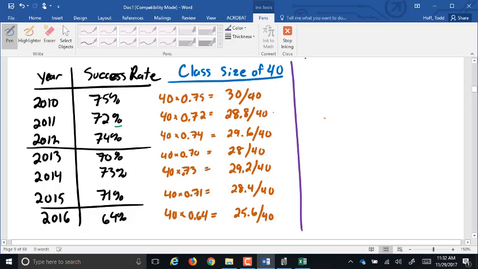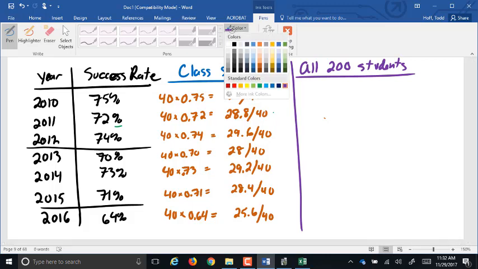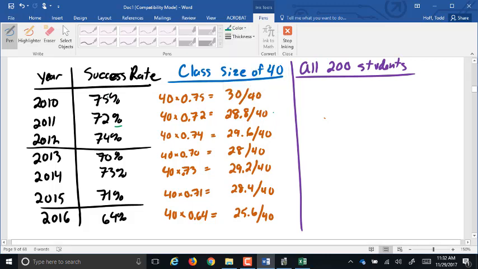The other side of that is, what if we are told that this data is taken from the whole college, which has 200 students per semester enrolled in the course? Well, now, if that's the case, 75% of 200, 200 times 0.75 is 150 out of 200 that pass.